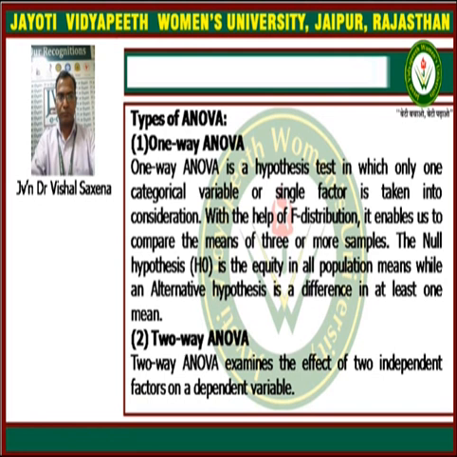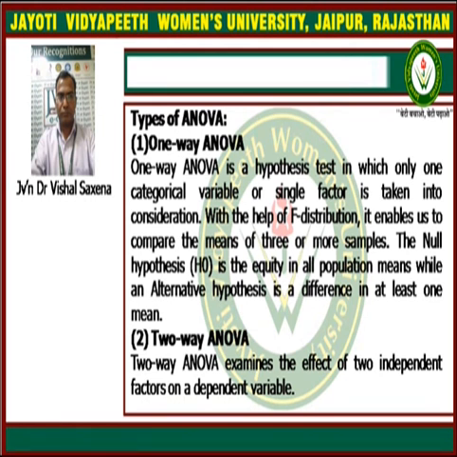The null hypothesis H naught is the equality of all population means, while the alternative hypothesis is a difference in at least one mean. So in this ANOVA, only one categorical variable is taken into consideration.